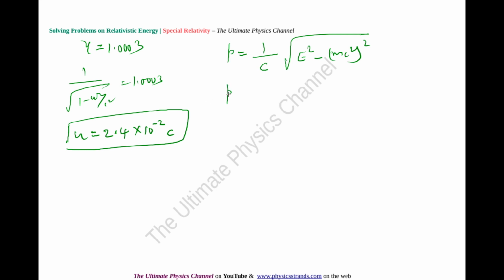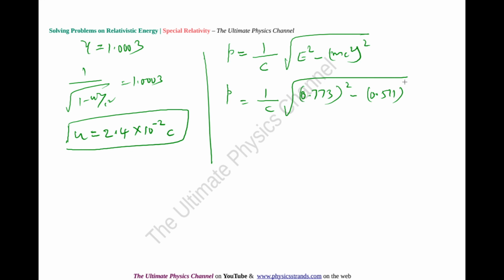So here we can just plug in the values that we already got. 1 over c times the square root of the total energy, which is 0.773 whole squared, minus the rest mass energy of the electron, 0.511 whole squared. Because once you know gamma, the total energy of the electron is easy to find: gamma mc squared.